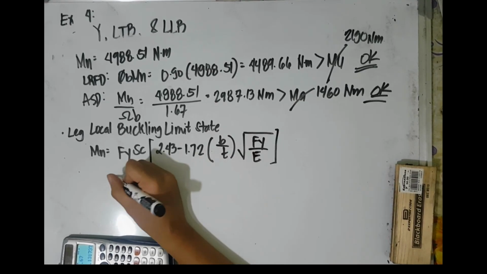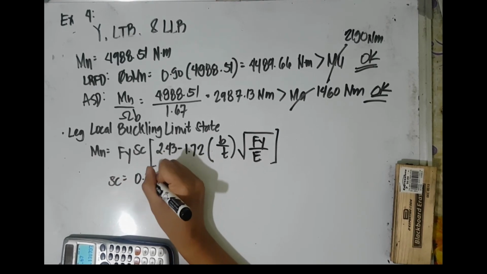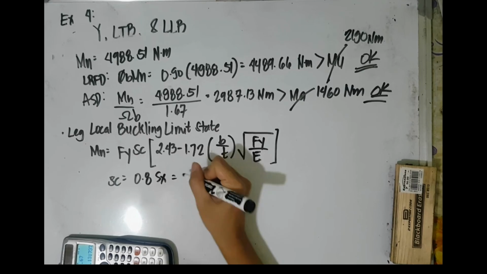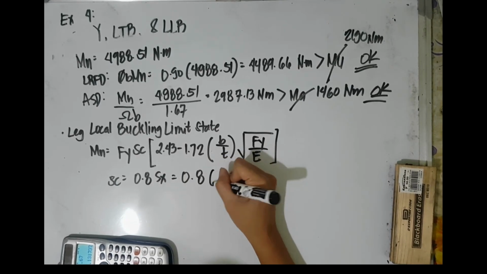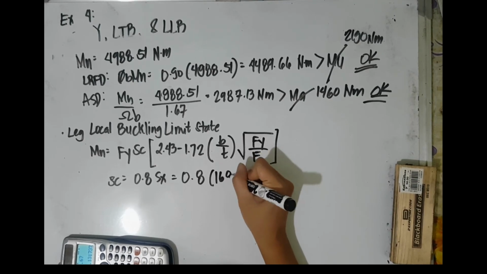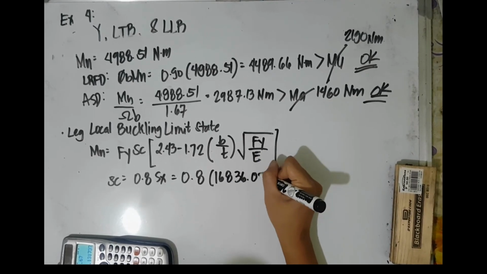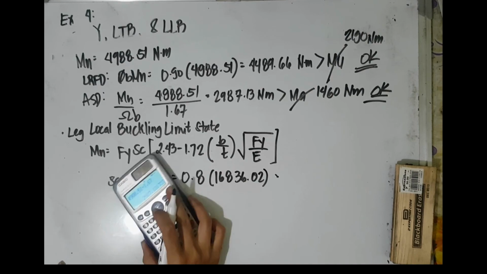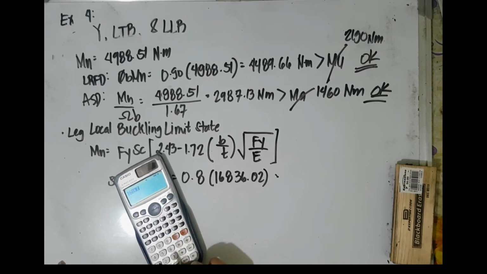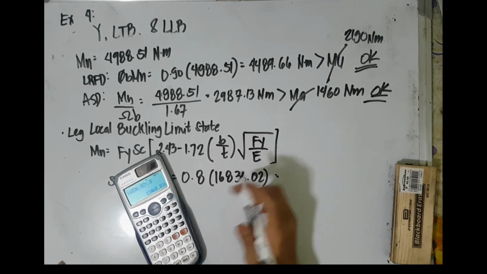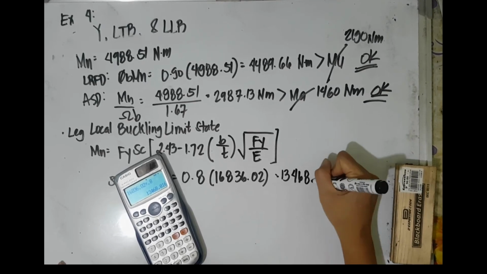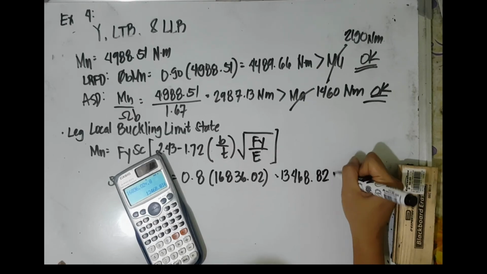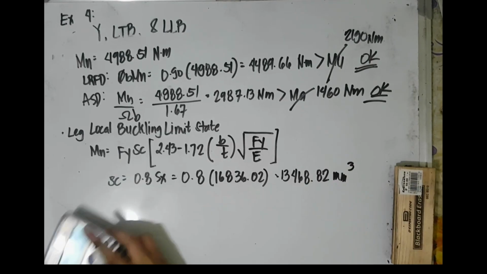In which our Sc, or the elastic section modulus at the toe under compression, is equal to 0.8 multiplied by the elastic section modulus Sx, in which our Sx can be found in the geometric properties of our section. So it is equal to 13,468.82 millimeter raised to 3.